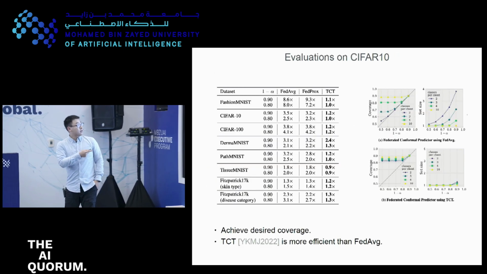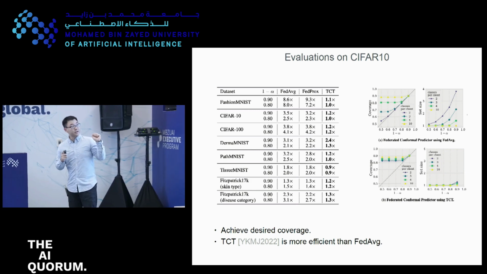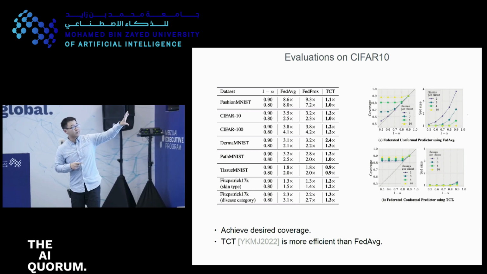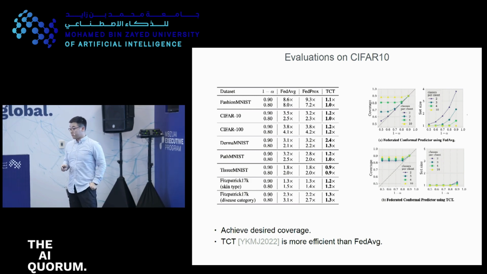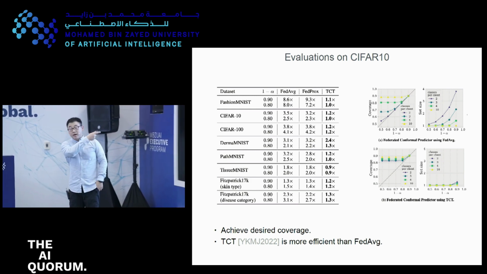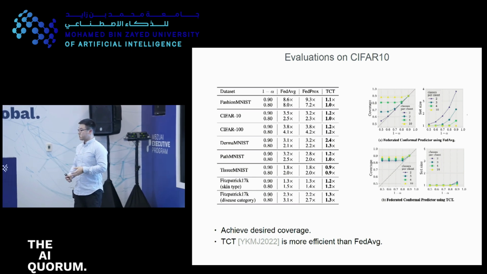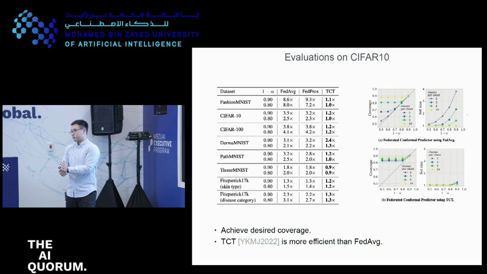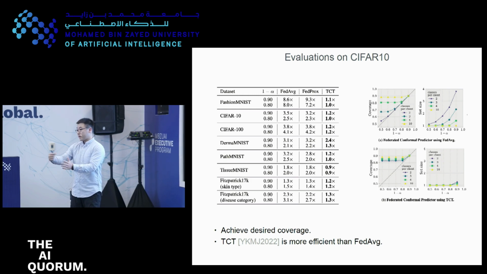Let me quickly go through some evaluations. Here we saw that we can build conformal predictors with nice coverage guarantees. We also found that the optimization algorithm you apply really matters a lot in this setting. Basically, the more accurate the model is, the smaller the set is, and the better the conformal prediction model is.